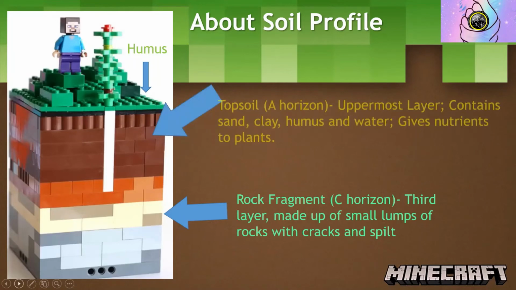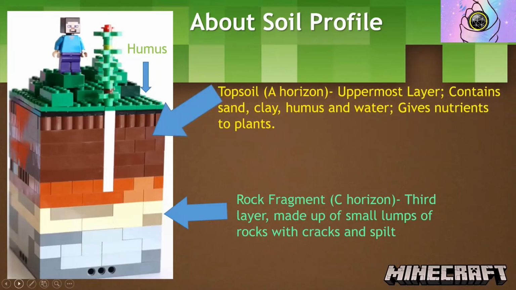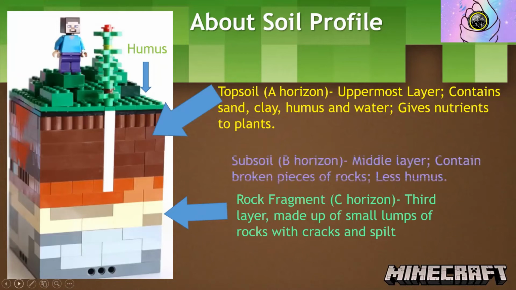The second one is the topsoil, also known as the A horizon, the uppermost layer, which contains sand, clay, humus, and water, and which gives nutrients to plants. The third one is subsoil or the B horizon, also known as the middle layer, which contains broken pieces of rocks and has less humus. Next, the C horizon, rock fragment.